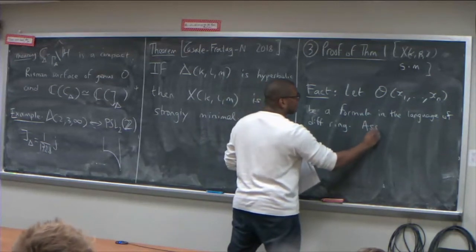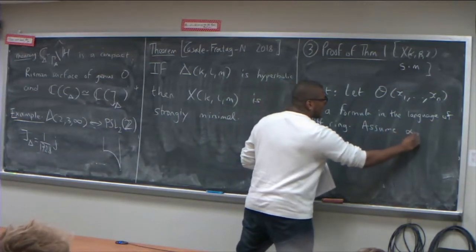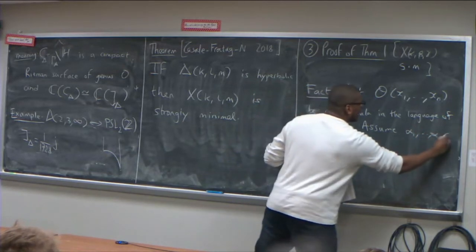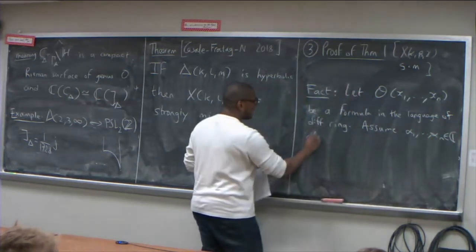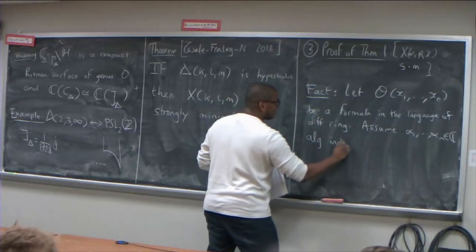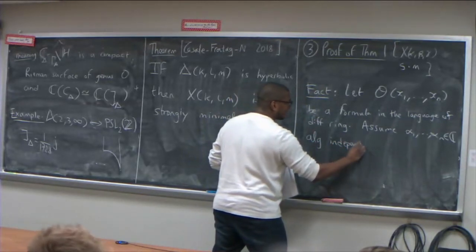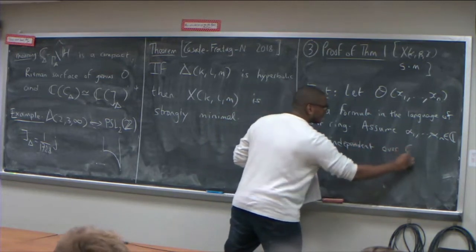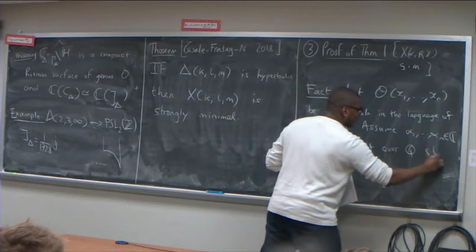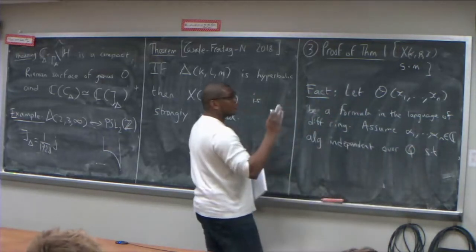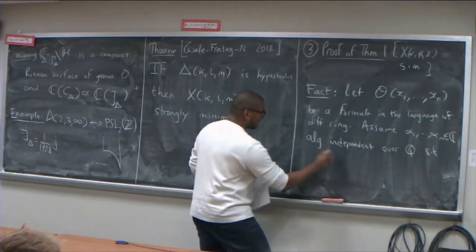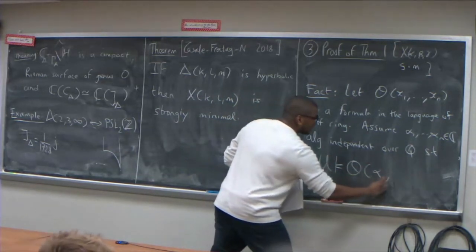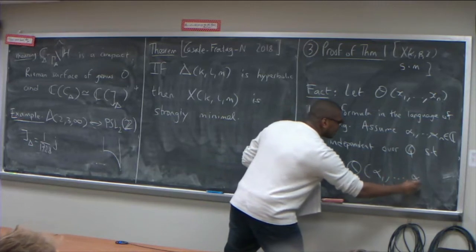Assume alpha 1 all the way to alpha n are constants that are algebraically independent over Q, such that when you evaluate, if you want, at those constant parameters, you have that phi is true.